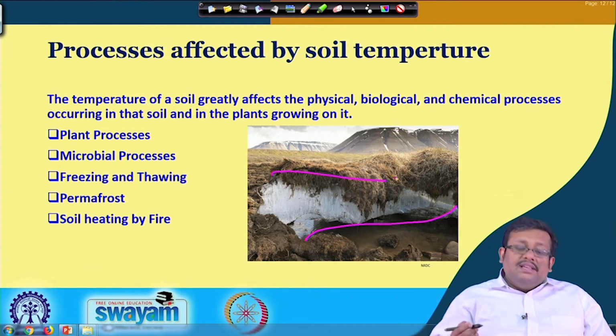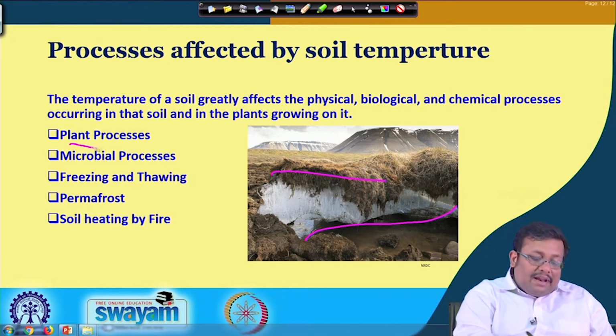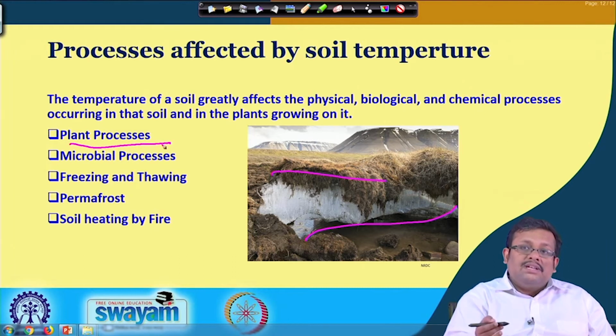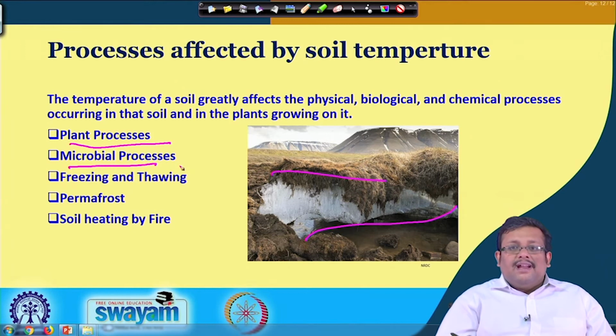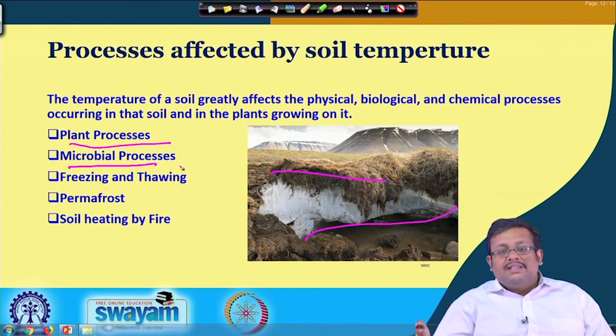So, again, the different plant processes are nutrient and water uptake by plants, and there are microbial processes. You will see that different types of microorganisms are present in different conditions. In a compost pit, there will be specific types of microorganisms, because they can withstand a specific range of temperature.